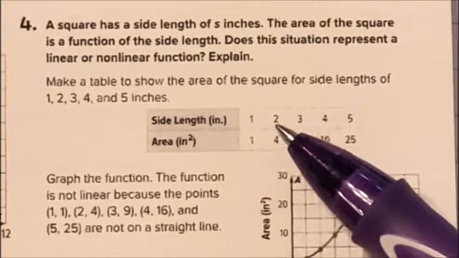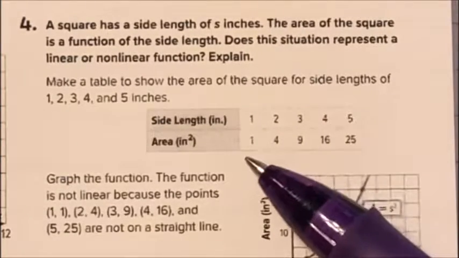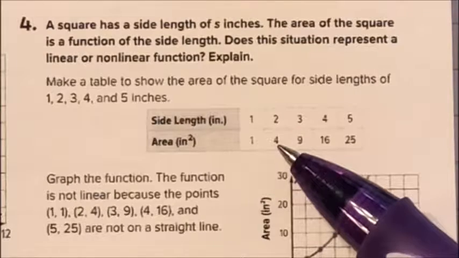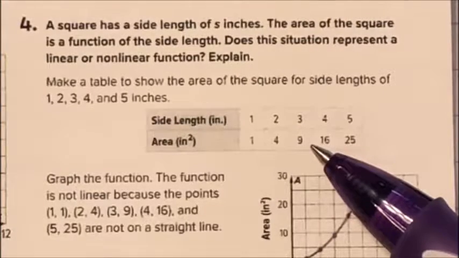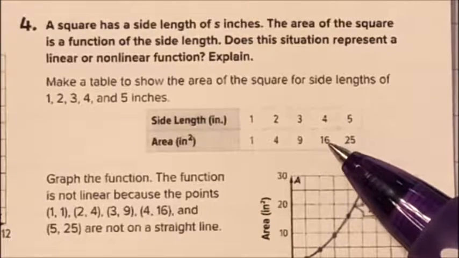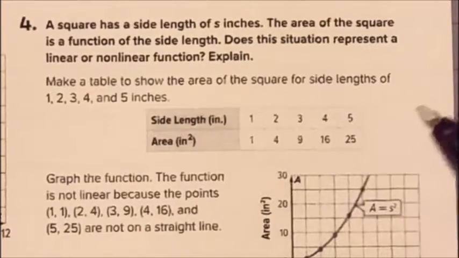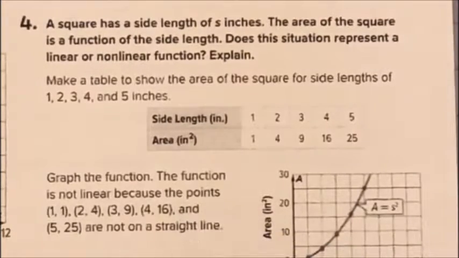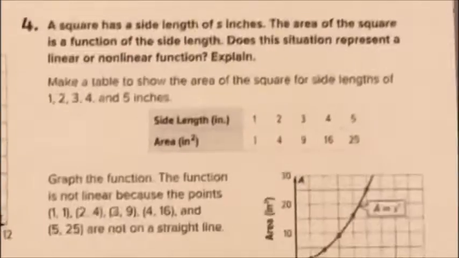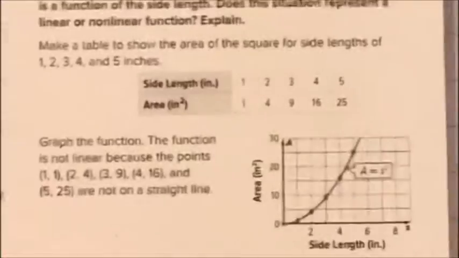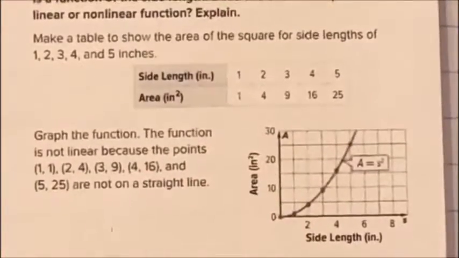Here I'm going up by 1 each time. Here I go up by 3, then by 5, then by 7, then by 9. That is not a constant rate, so it's not a straight line, and therefore it is not linear. You can also look at the graph and see that the graph is not a straight line, so it is a nonlinear function.